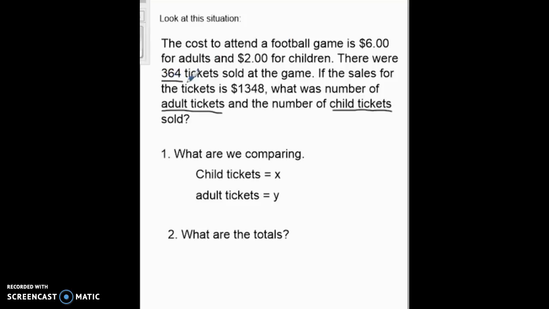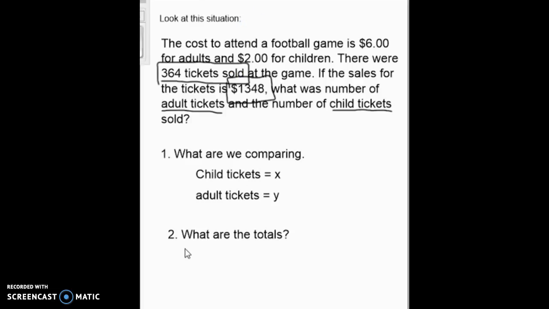So here we know that this is a total of all of the tickets combined. So there's one total right there in the box. And then we keep reading, it says the sales of the tickets is $1,348. So there's our other total. We know altogether that people spent $1,348.